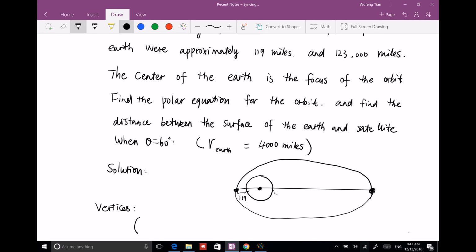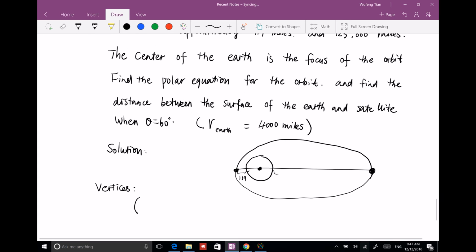So one of the vertices is going to be 123,000 plus 4,000, and the angle is 0. Because from here to here is 123,000, and this is 4,000, which is the radius of the Earth.